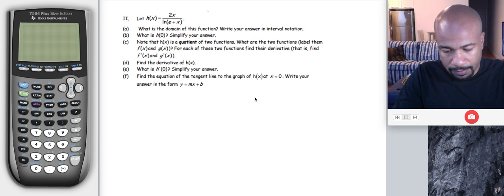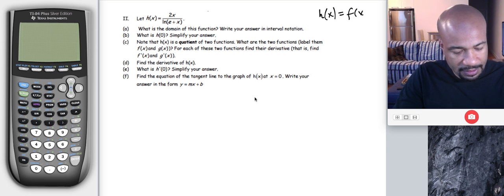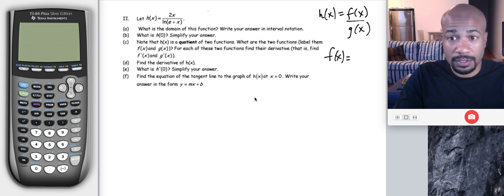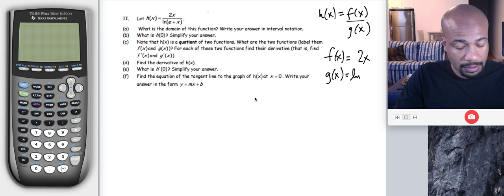So of course, h of x is equal to f of x over g of x. So f of x is equal to the numerator, which is 2x, and g of x is the natural log of e plus x.